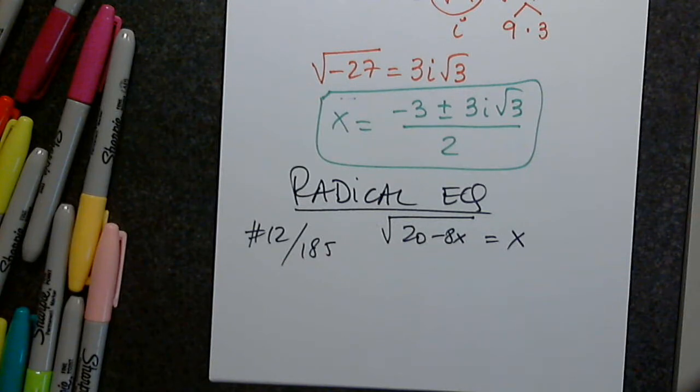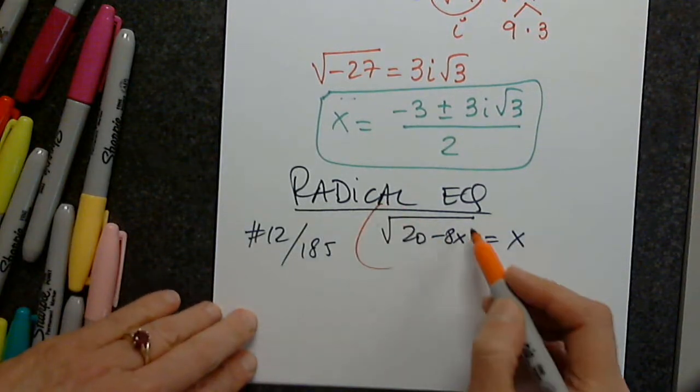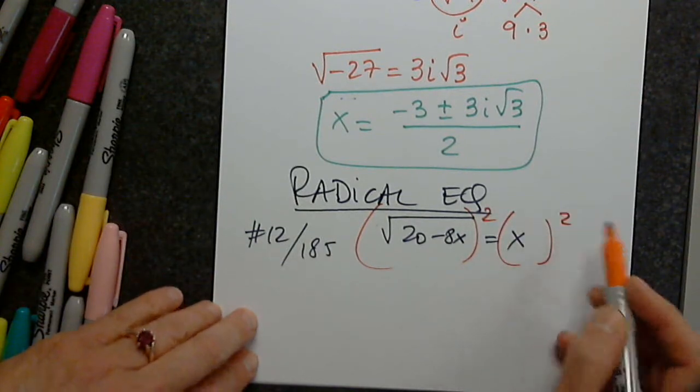This is a radical equation because it has a radical in it. The method we have to apply here, anyone remembers what we need to do? We have to remove the square root by squaring both sides.